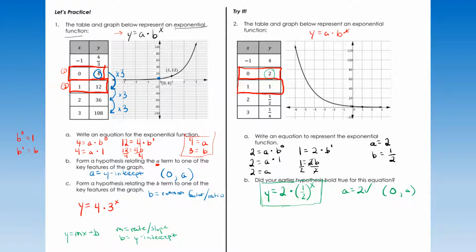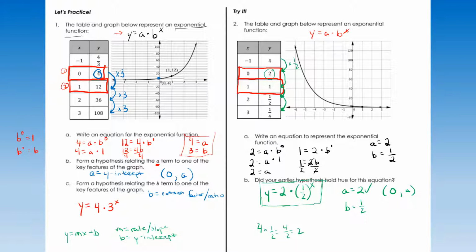B, we said, was the common ratio or the common factor, or how we were changing the y term in our table. And is that what we're doing? 4 times 1/2, that's 4 times 1 over 2, which is 4 over 2, which is 2.